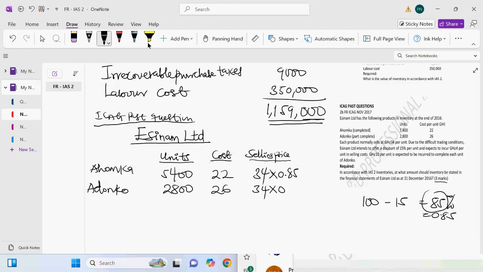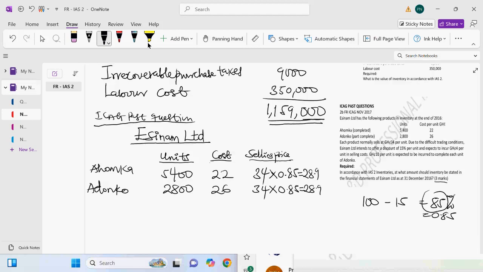So that is equal to 28.9. This one is also 28.9.